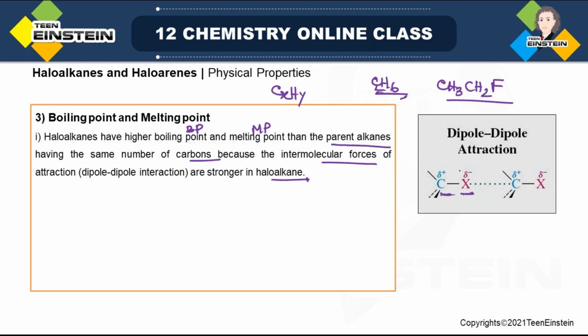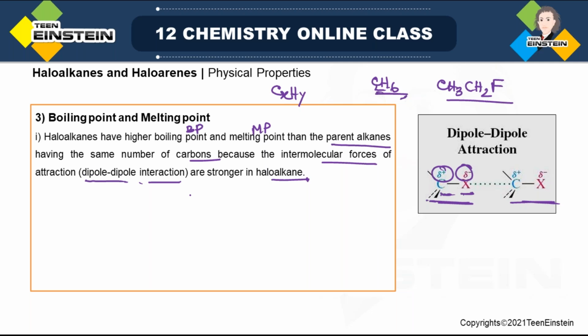Now the C-X bond is polar because of the electronegativity difference between C and X. Because of this charge separation, individual molecules will behave as if they are dipoles, and between two dipoles there will be interaction, that is why it is dipole-dipole interaction. But this is not possible when it is simply a hydrocarbon, that is, simply an alkane.